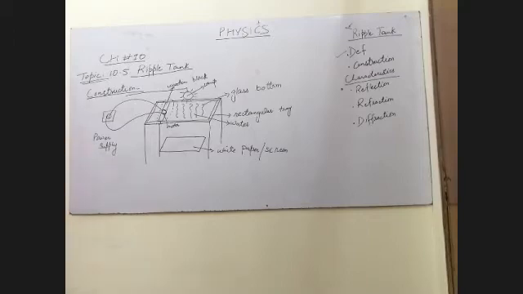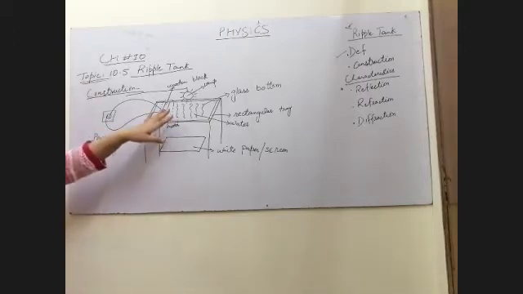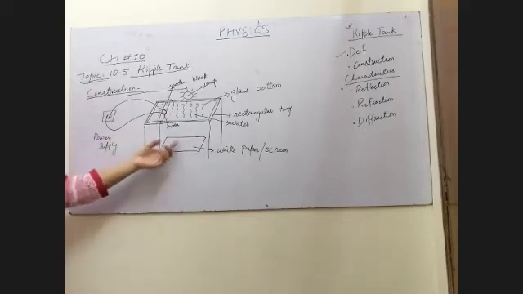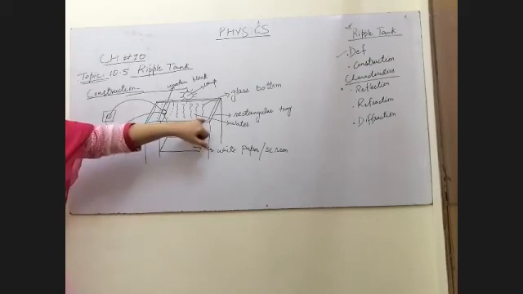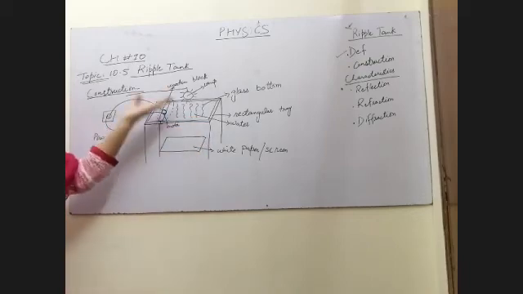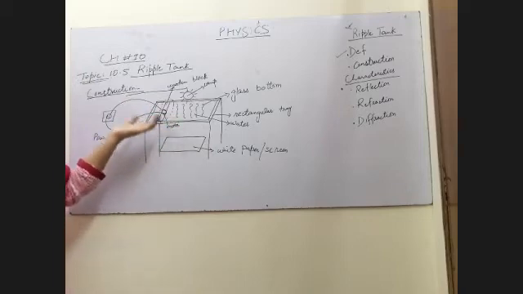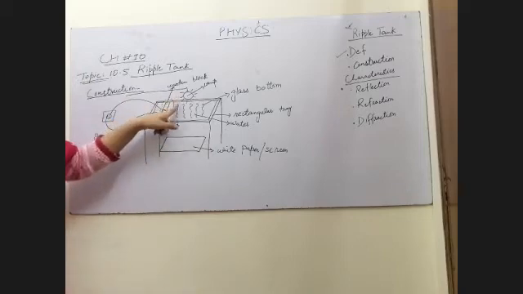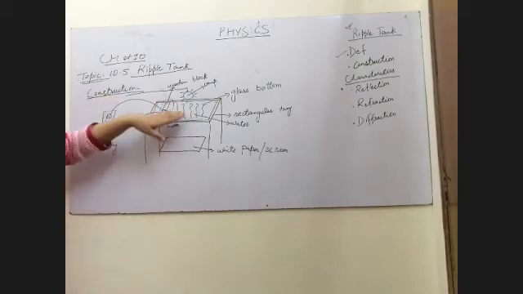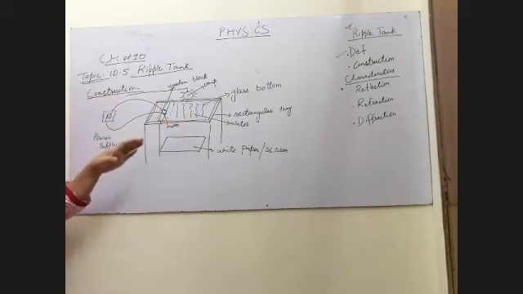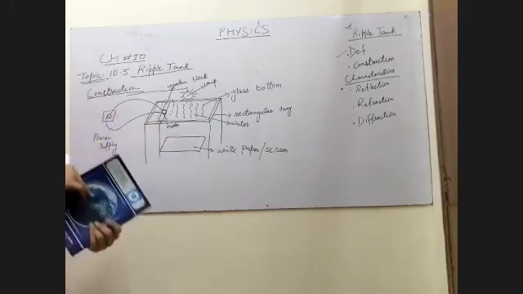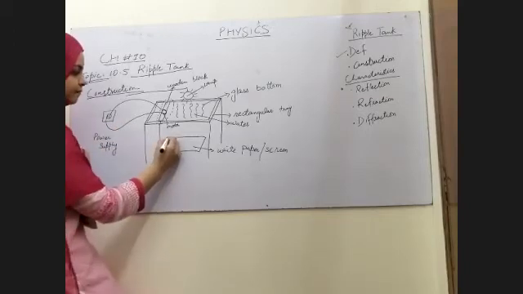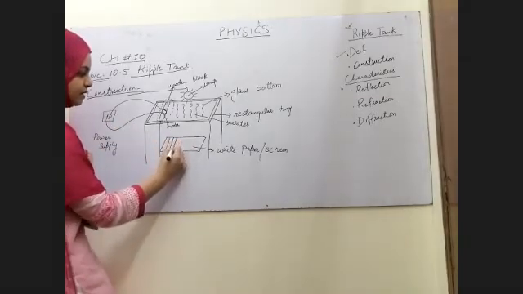So waves start producing in the water, and because this is a glass tray, we can see underneath the table how the waves are produced. When we switch on the lamp, a complete pattern, or a complete shadow, of water waves will be generated on this paper. Like this.